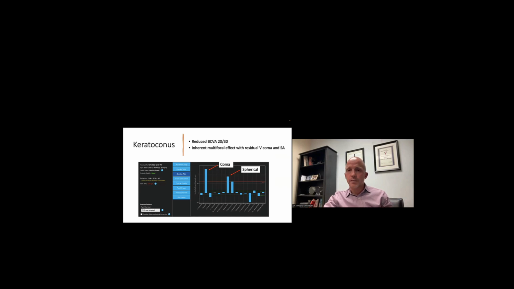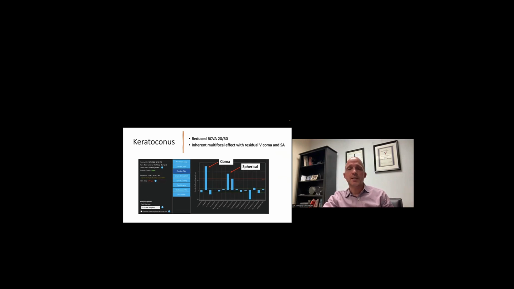Not perfect, because of residual aberrations, but they don't wear reading glasses. They're in their 40s and 50s and they don't wear reading glasses. Some of these residual aberrations, including coma and spherical aberrations, can help them read. If you correct for those, they might get a line better at distance, but then they have to wear reading glasses up close, which might make them unhappier than you expected.